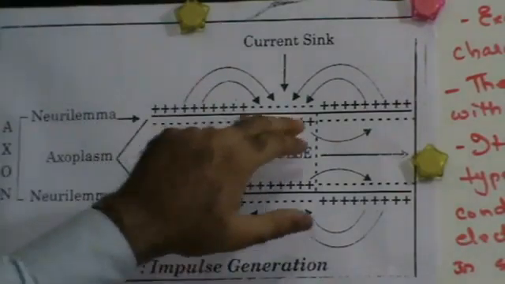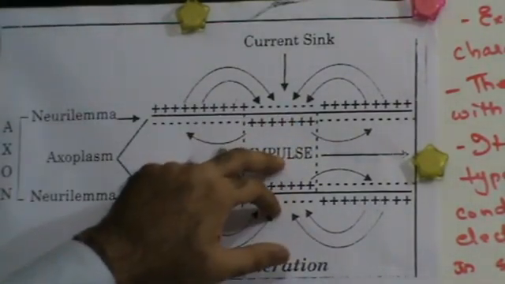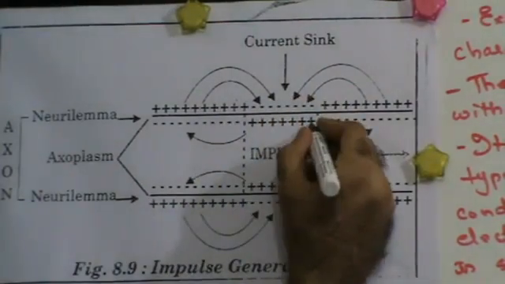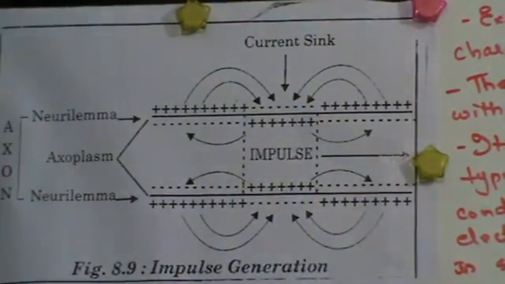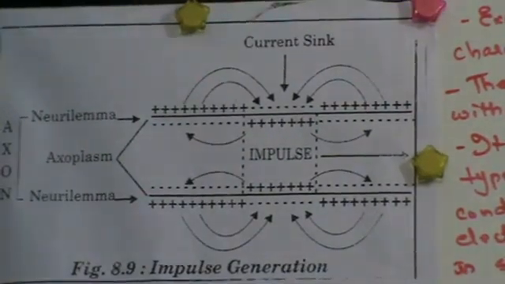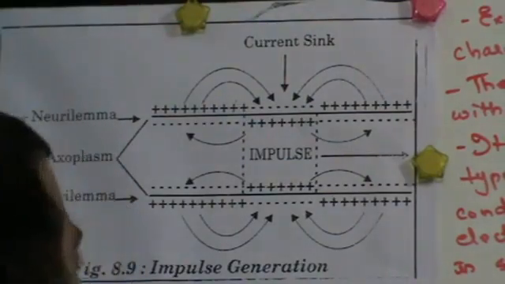You have this set of positive charges inside the axon. We know that opposite charges attract, so this positive charge is going to be attracted by the negative charge. It will move towards the negative charge, then get attracted by the next negative charge, will move ahead, and that's how your impulse will move from one point to another. Fine, do you get this? That's your current sink.